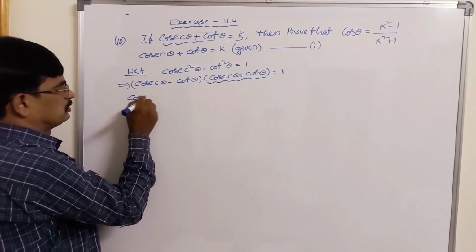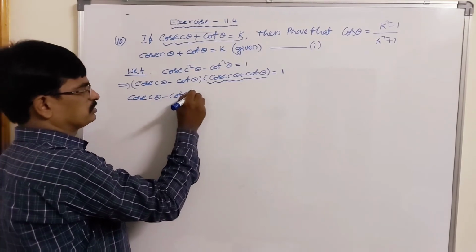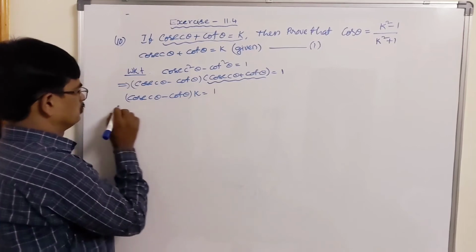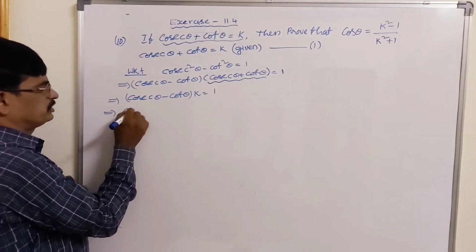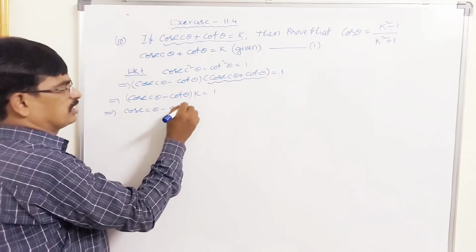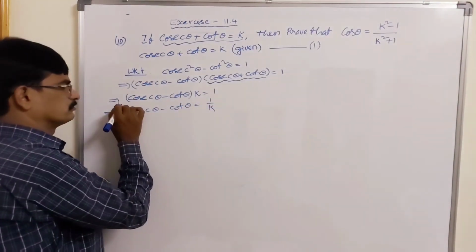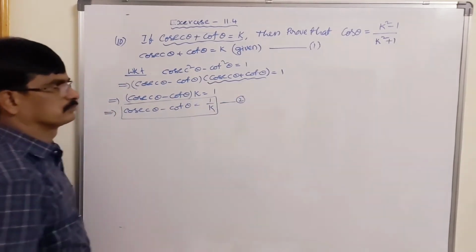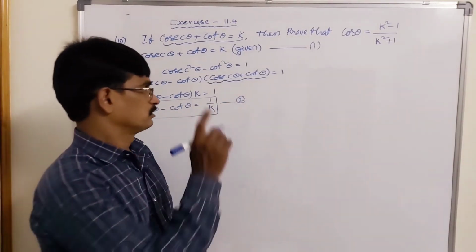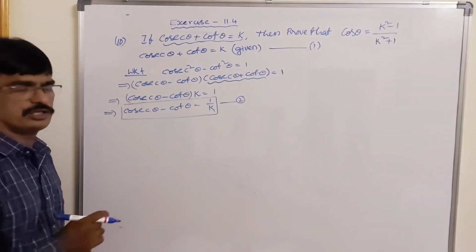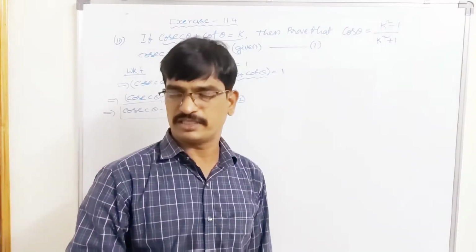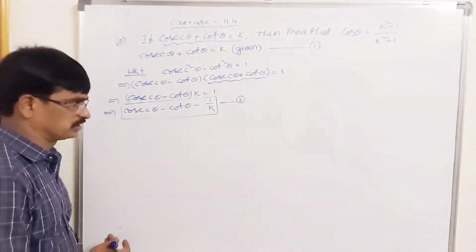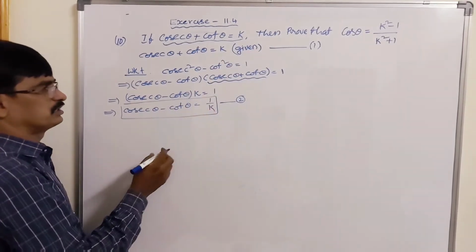That is, cosecant theta minus cot theta into k is equal to 1. Next, cosecant theta minus cot theta is equal to 1 by k. Let it be 2. Now we solve these two trigonometric equations, 1 and 2, by the elimination method, substitution method, or cross multiplication method. So like that we have to simplify here.